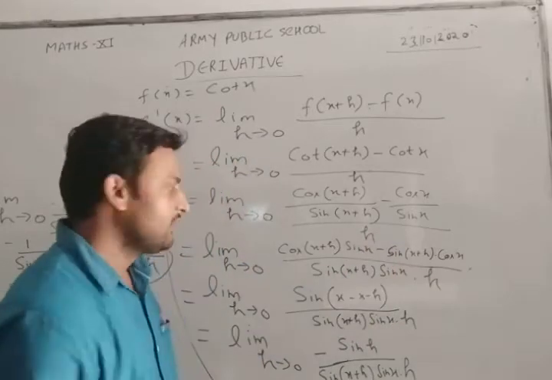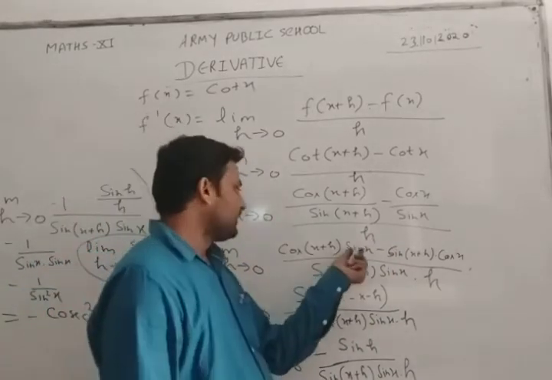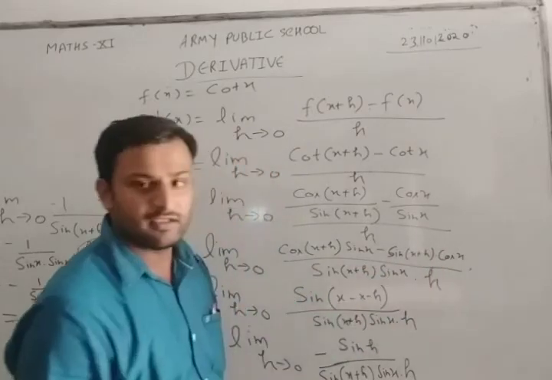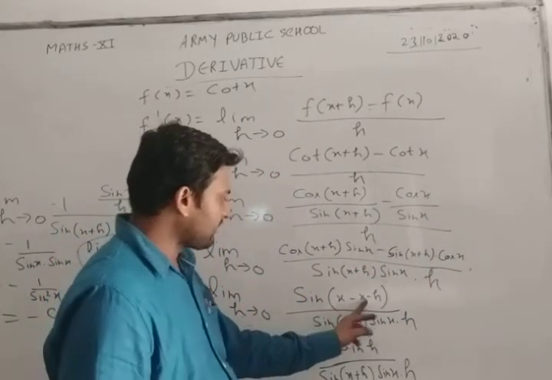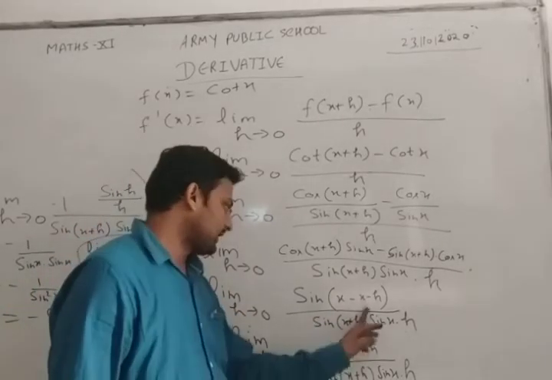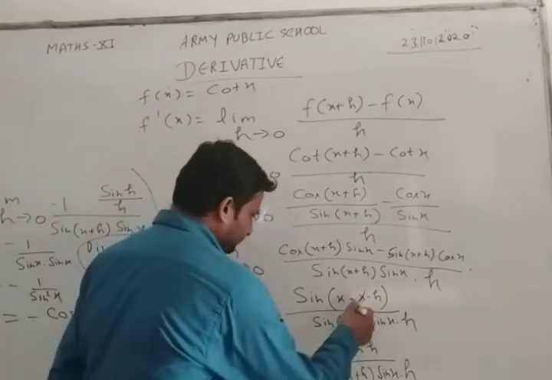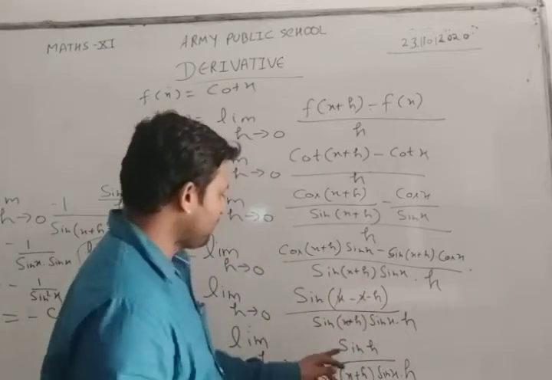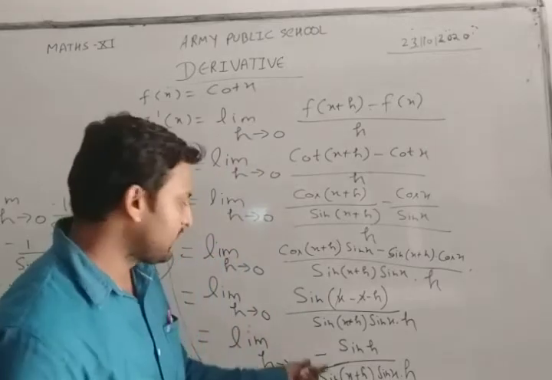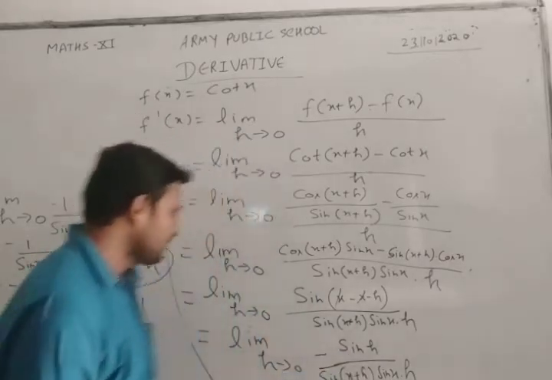Now see here, sin a cos b minus cos a sin b is sin a minus b. So we write sin x minus h. So x sin x will reduce. We get minus sin h. Sin minus theta is minus sin theta, so we write minus sin h by this.